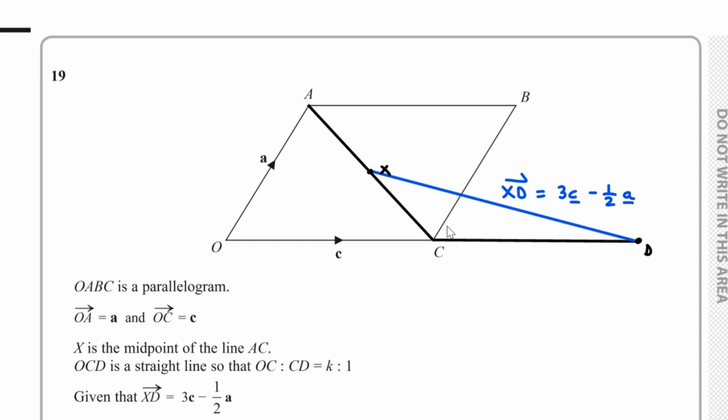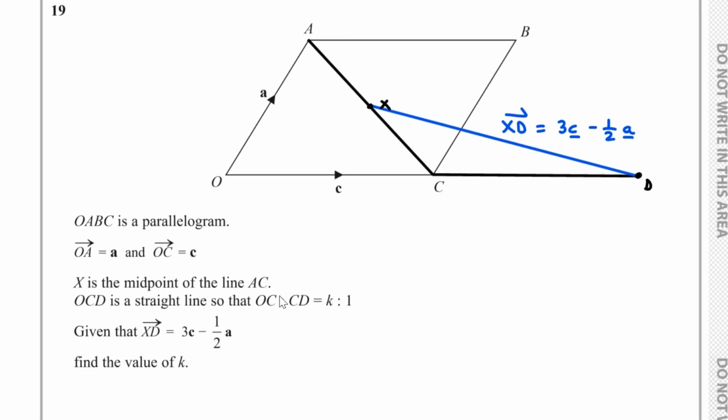And we know that OC to CD is equal to K to 1. So if we think about this statement, OC to CD is K to 1.